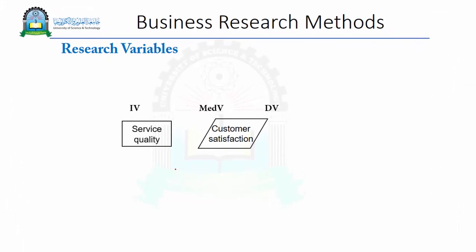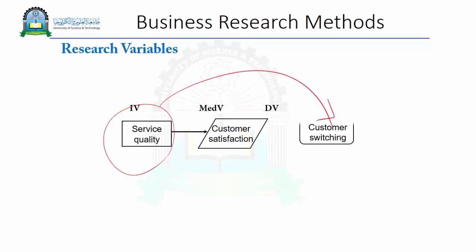If the service quality is going to affect the customer switching, this effect is going to pass through the customer satisfaction. When the service quality is high and the customer switching is low, we need customer satisfaction to connect between service quality and customer switching.